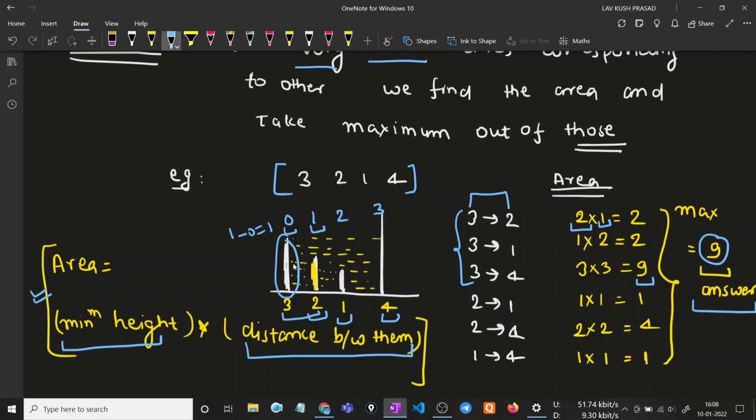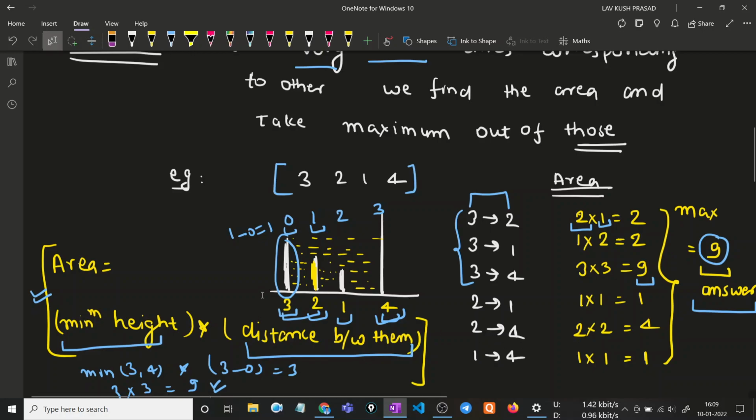Suppose you find the area between verticals 3 and 4. In the first step, we take the minimum height between 3 and 4 and multiply it by the distance between them. What is the distance between them? 3 minus 0, which is equal to 3. So the minimum is 3, and 3 into 3 is equal to 9.